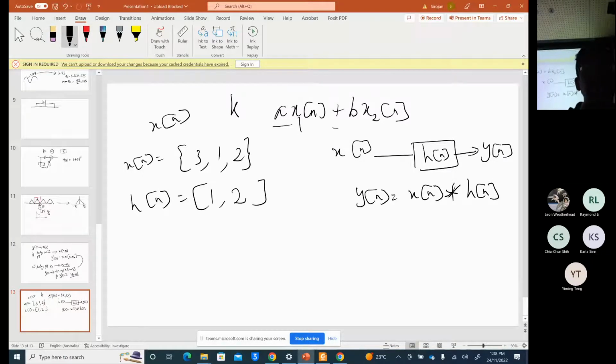Then how do you do the convolution? It is time domain convolution. First you flip it, so 1, 2 is flipped.